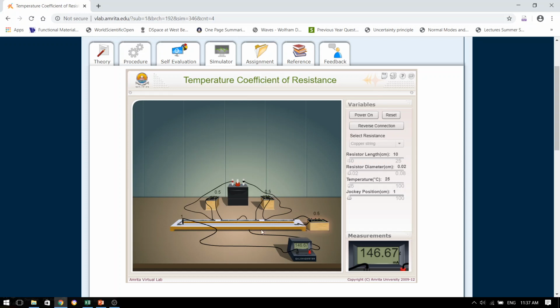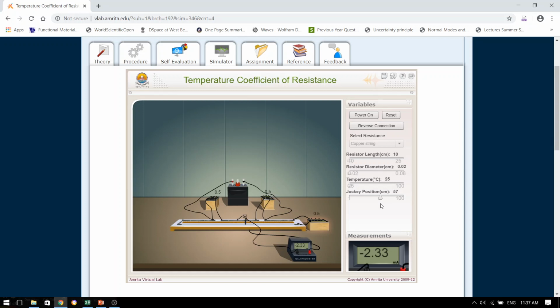So what do we have to do? We have to move the jockey position, right? So using this slider, you have to move it. Now see, the moment I started to move this, the value of the readings on the galvanometer is changing. We have to slide it till we reach the value of 0, which I am trying to reach.